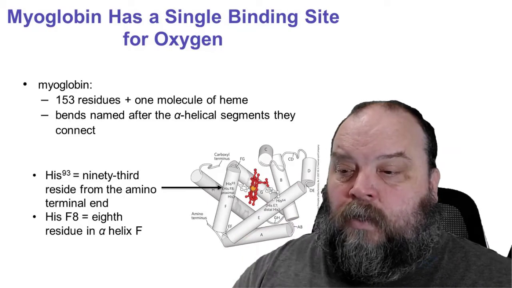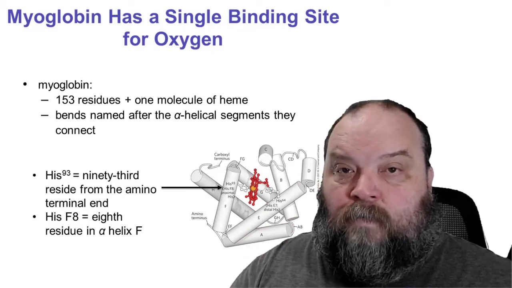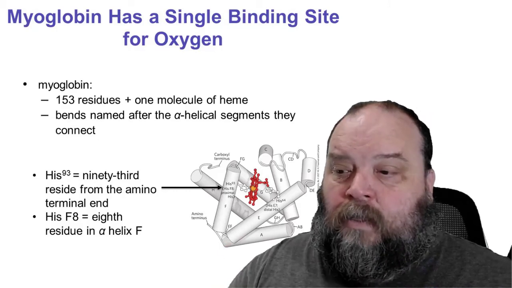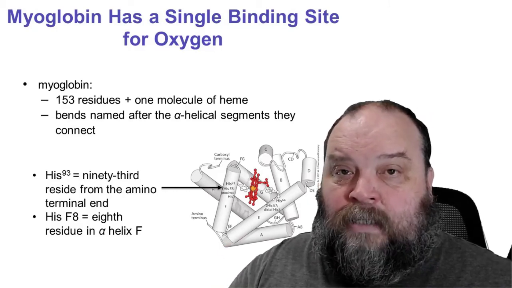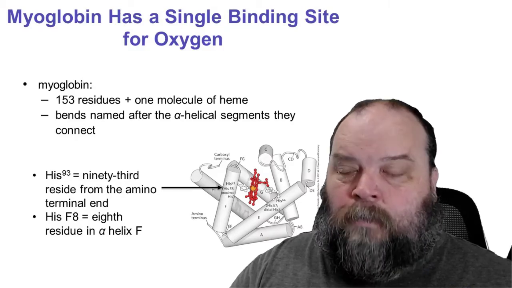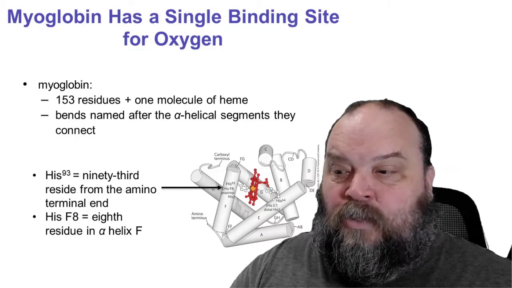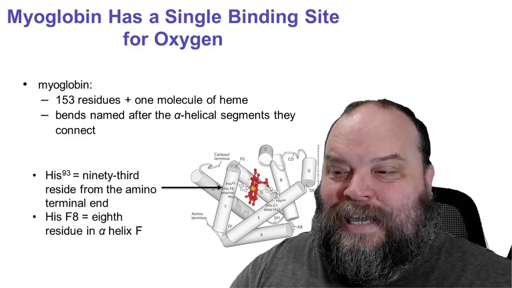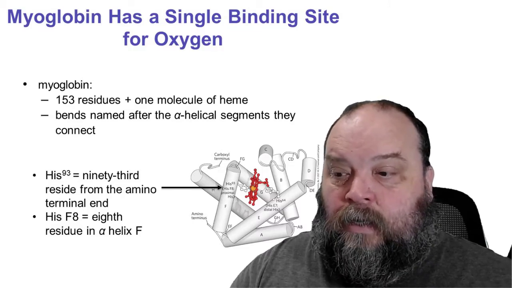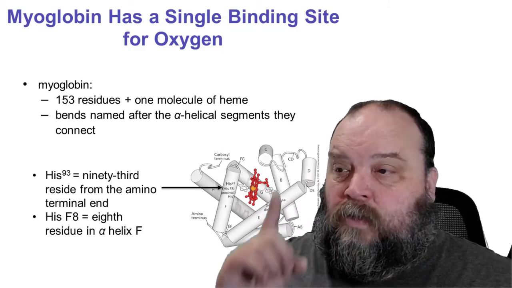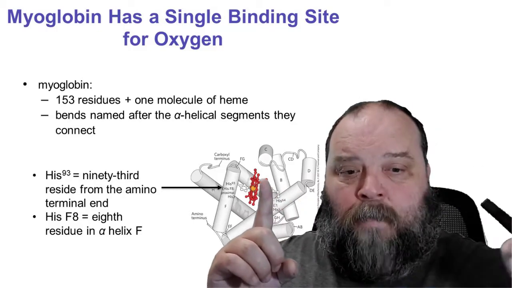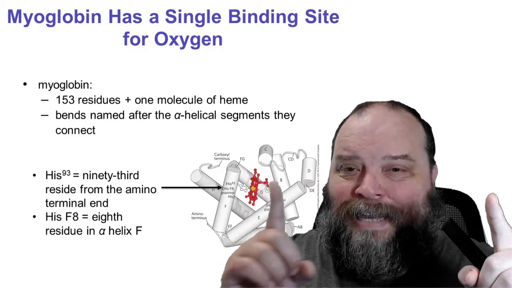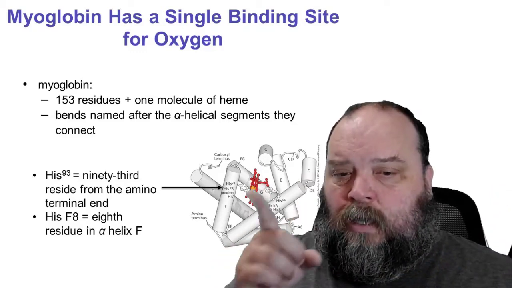As you see here, it's the same structure we saw previously. You'll also notice that on the F alpha helix, the histidine I've told you about, the proximal one, is labeled as His 93, or it's also known as His F8. Histidine 93 means that if you start at the amino terminal end and go through to the carboxyl terminal end, the 93rd histidine you come across is right there.